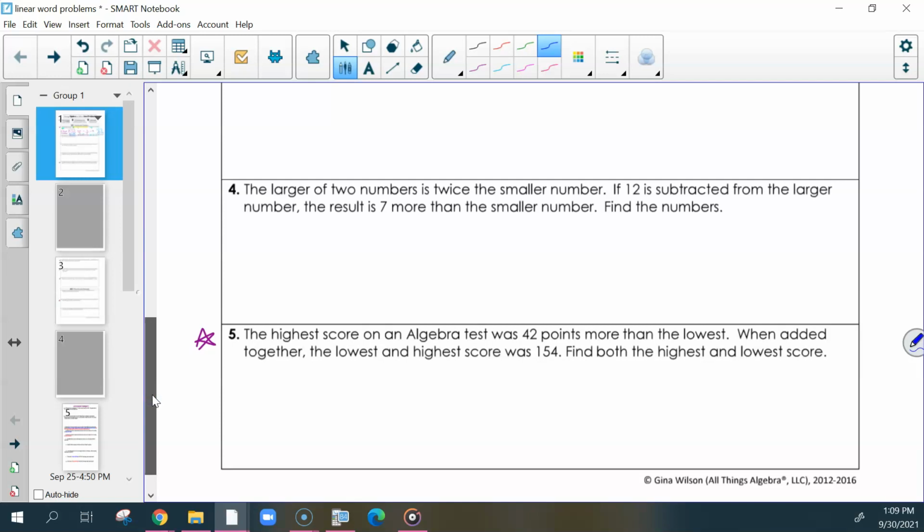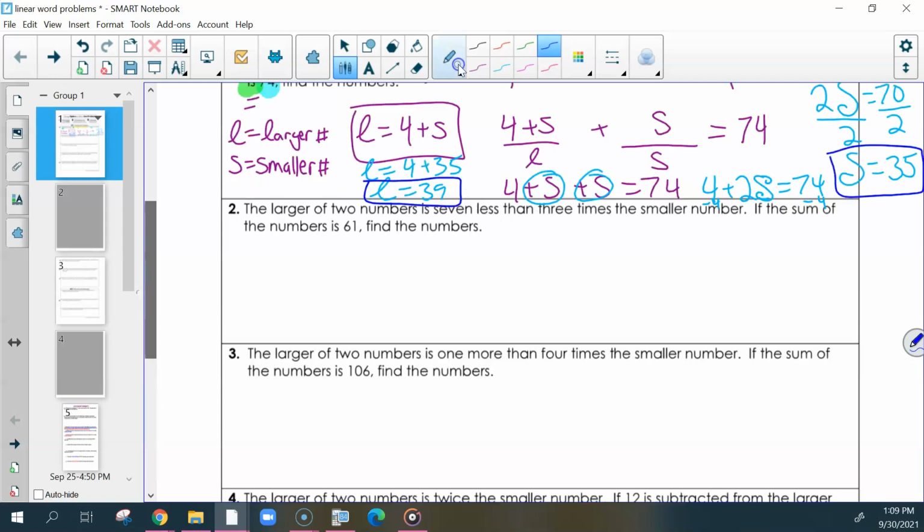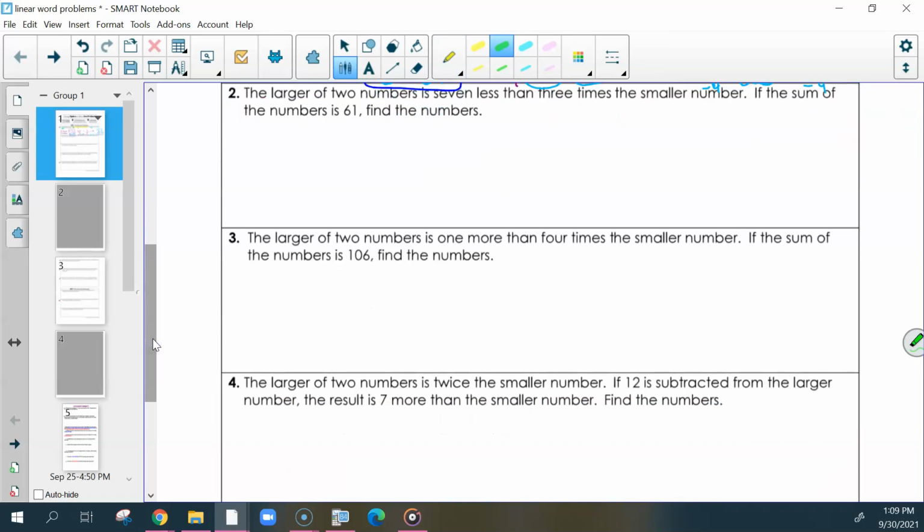Number 4 is actually different, so let's do that one. The larger of two numbers is 1 more than 4 times the smaller number. If the sum of the numbers, I'm sorry, I'm doing number 3 instead of number 4.